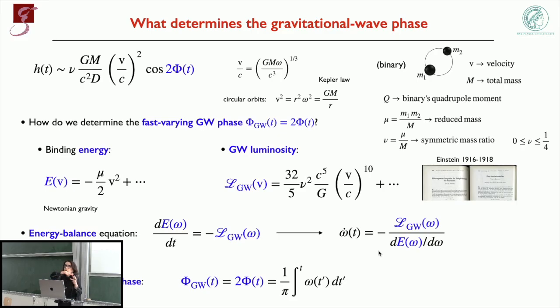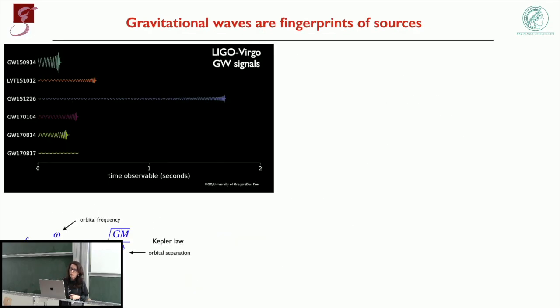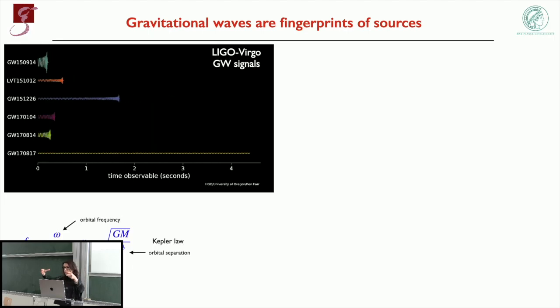This omega dot here, the frequency can change. It's increasing over time, right? Because the binary is merging, it's going toward merger, R is decreasing, so omega is increasing. But omega can have oscillations.